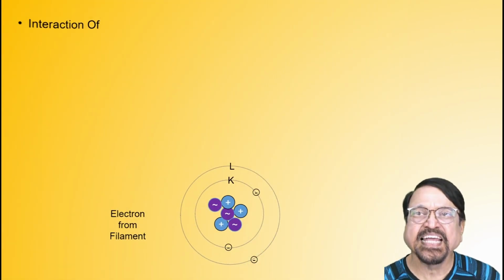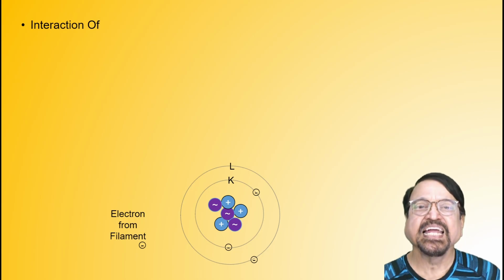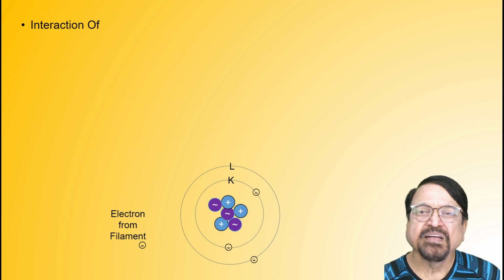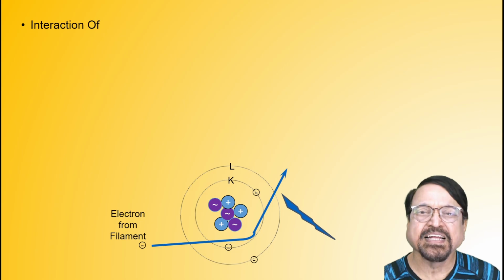Now here we are seeing interactions, how it occurs. We are seeing a nucleus, we are seeing a K and L shell, and we are seeing an electron from the filament. How does it come?